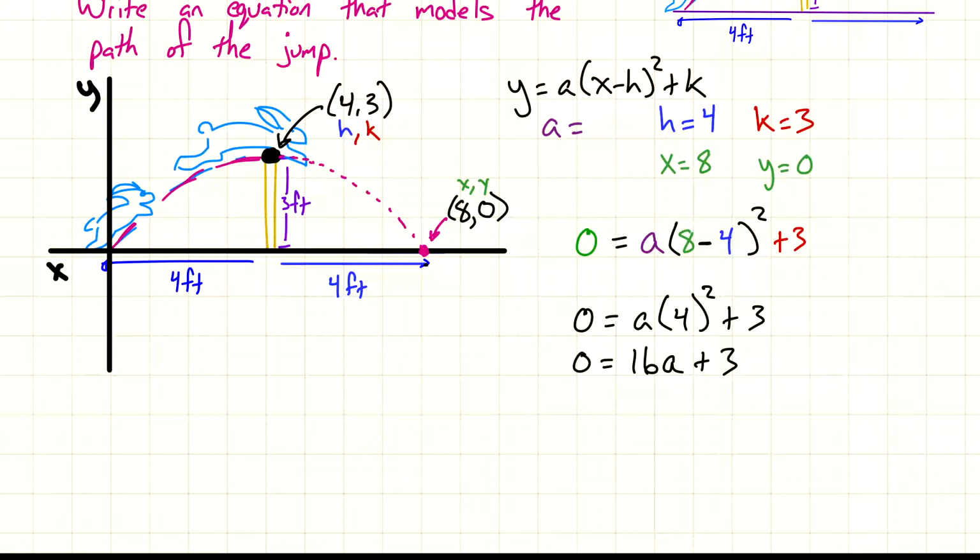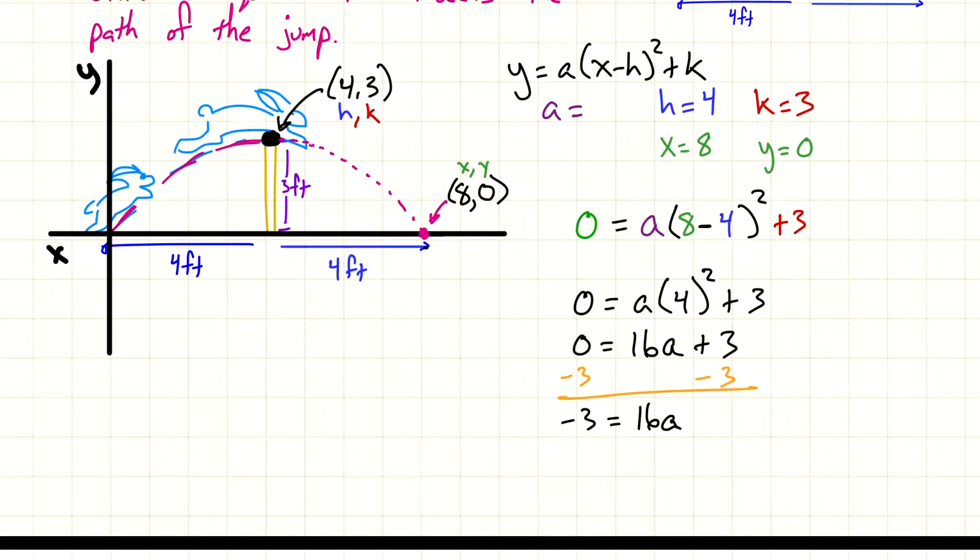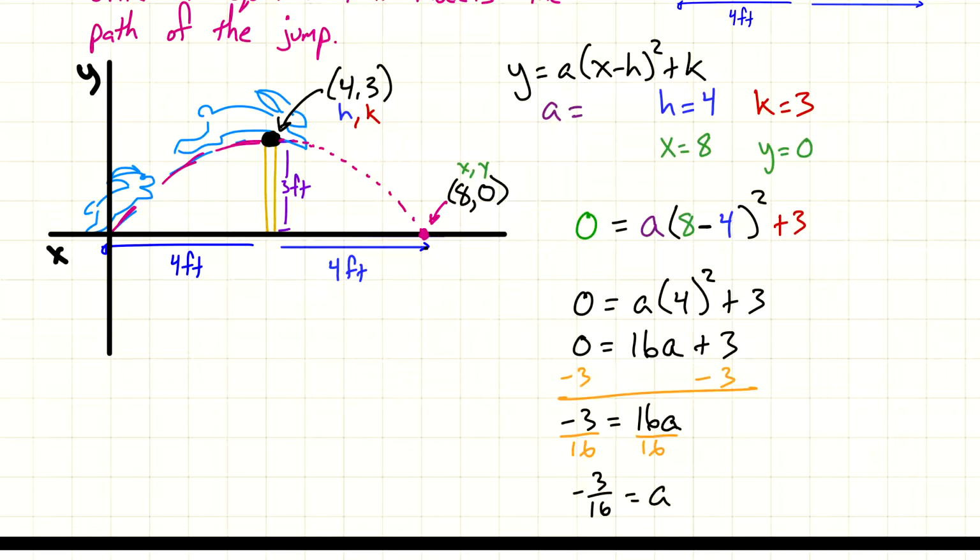So let's subtract 3 from both sides. This is going to leave us with a negative 3 equals 16a, which means that if we divide both sides by 16, we are left with an a value of negative 3 over 16. All right, so now that we've figured out what a is, that was what was missing, we have enough to write an equation.